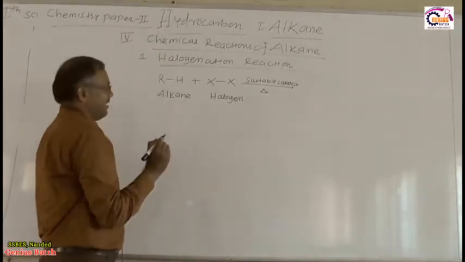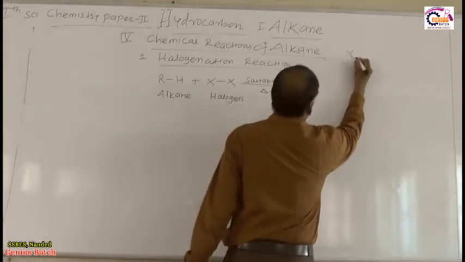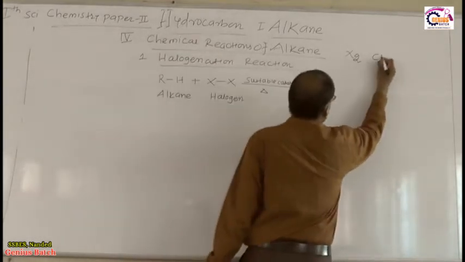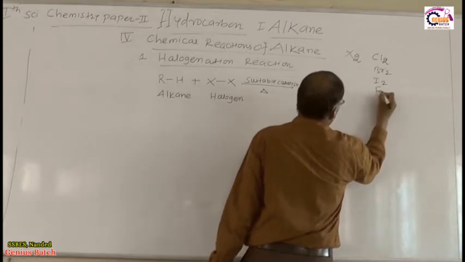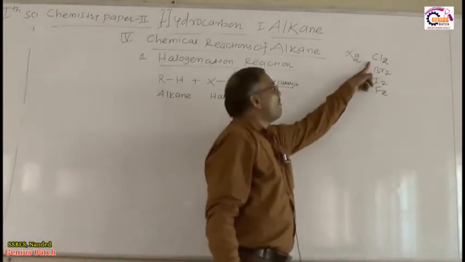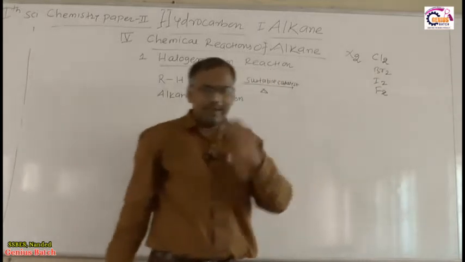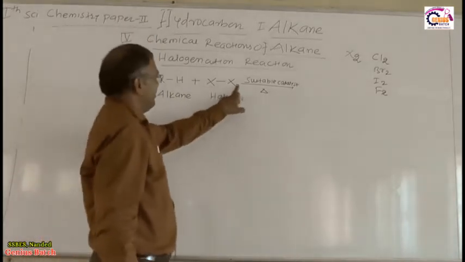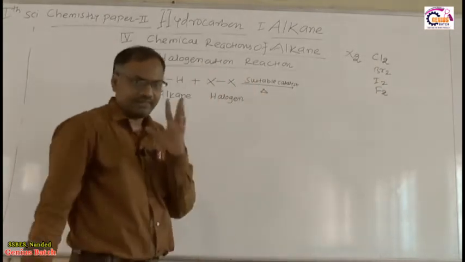You know that this halogen is X2. The halogen may be chlorine Cl2, bromine Br2, iodine I2, or fluorine F2. This is in the form of a molecule. Chlorine, bromine, iodine and fluorine combined are called halogens. So this halogen X2 may be chlorine, bromine, iodine or fluorine.